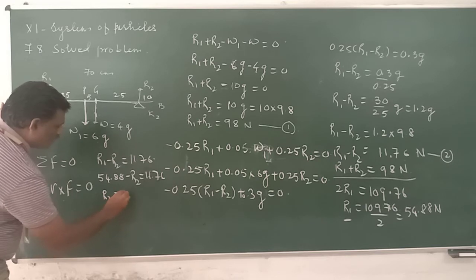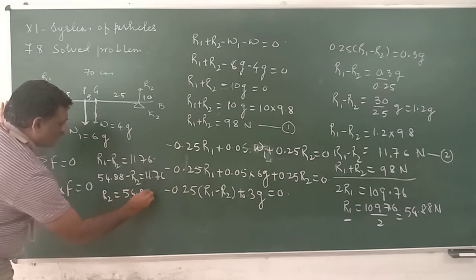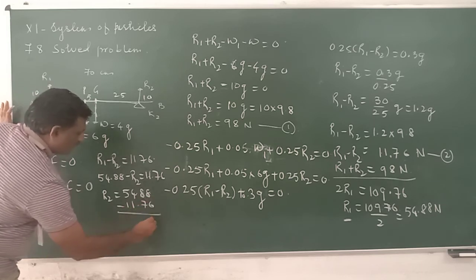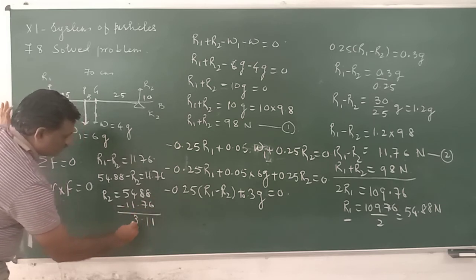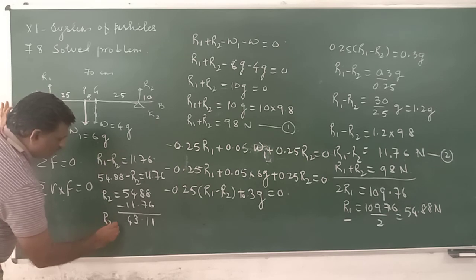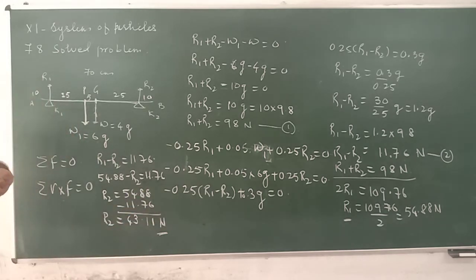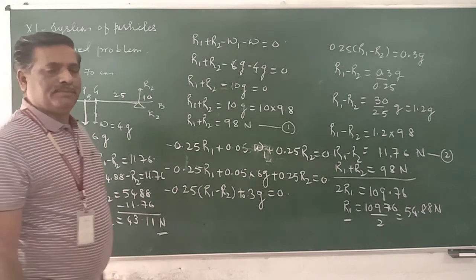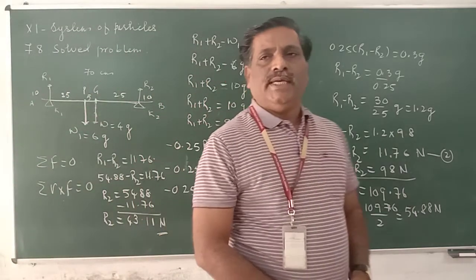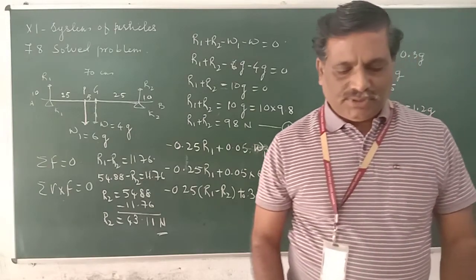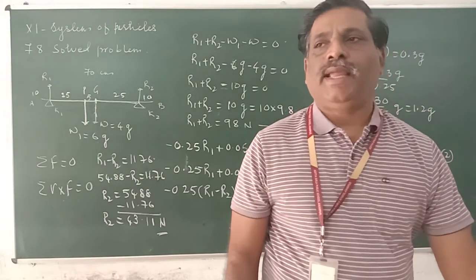So R2 is equal to 54.88 minus 11.76, which becomes 43.12 Newton. This is the way, by using equilibrium conditions, we can solve problems related to any stable object.